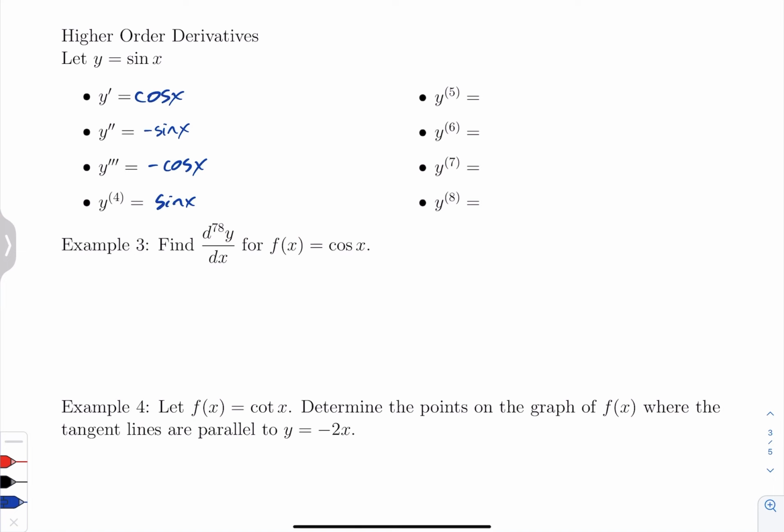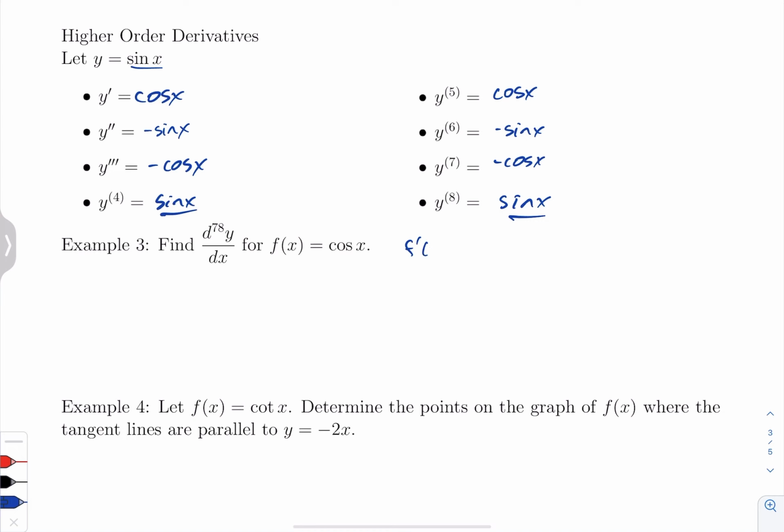And we notice we're right back to where we started. If we keep going, if we take the next derivative, we get cosine of x, and then negative sine of x, then negative cosine of x, and then sine of x. So we notice that every fourth derivative, we get right back to where we start, and they just always repeat themselves. And for cosine, it's a similar idea.